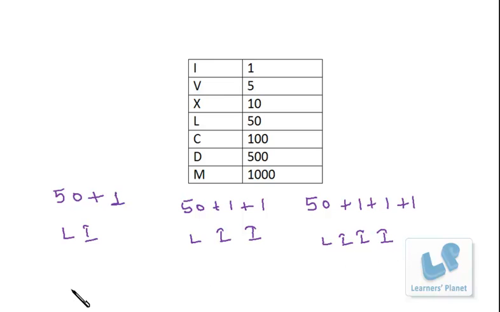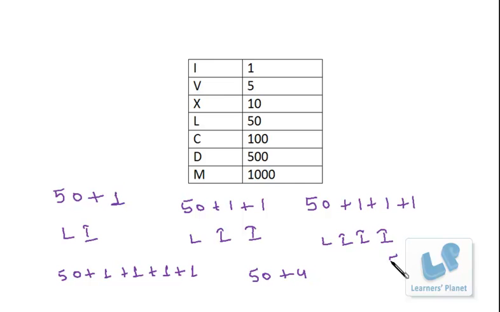Okay. Now 54, it's 50 plus... further 1 cannot come four times because it is against the rules of Roman numerals that I cannot be repeated more than 3 times. So what I do is I write 50 plus 4. Now how do I write 4?